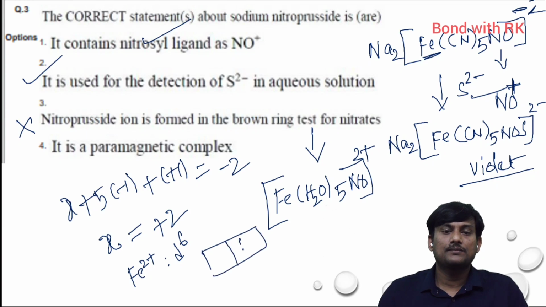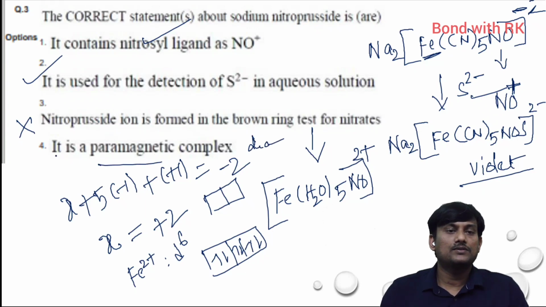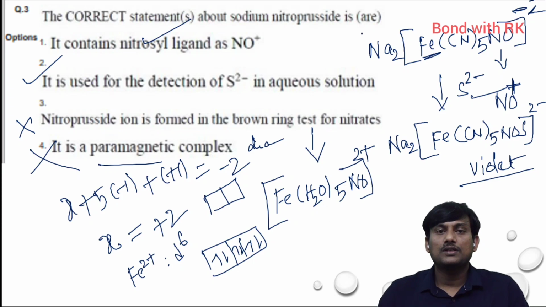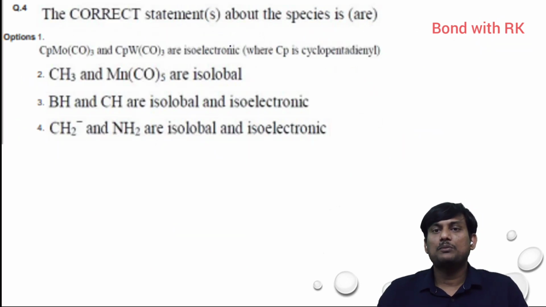There is a pairing of electrons in t2g, so all electrons are paired. So it's diamagnetic, not paramagnetic. So this one is incorrect. So what are the correct options? First one and second one. These are correct options.